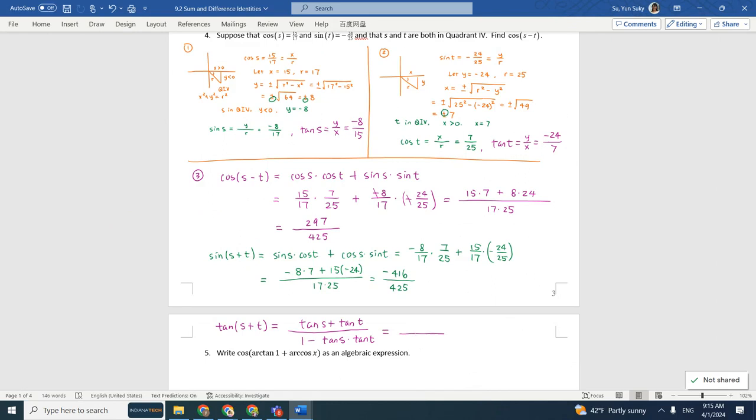Now we plug in tangent S and tangent T, and then 1 minus the negative 8 over 15 and the negative 24 over 7.